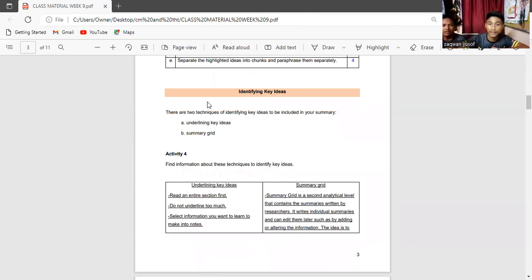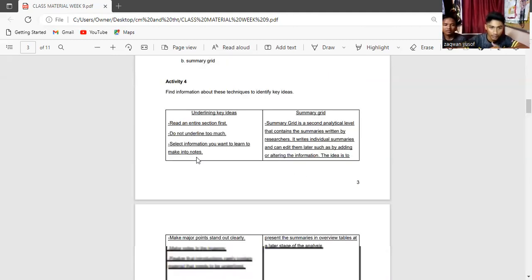Okay, next, identify the key idea. There are 2 techniques to identify key ideas to be included in your summary: A, underlining key ideas, and B, summary grid. Activity 4.